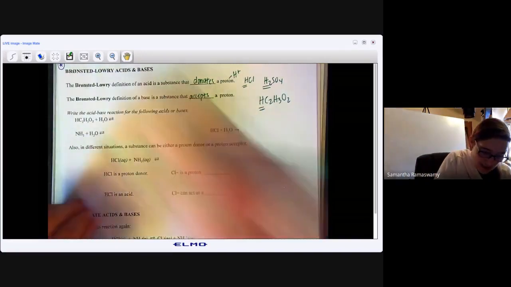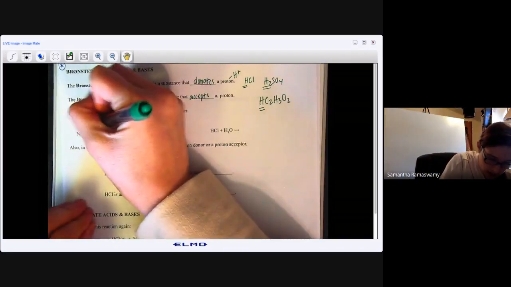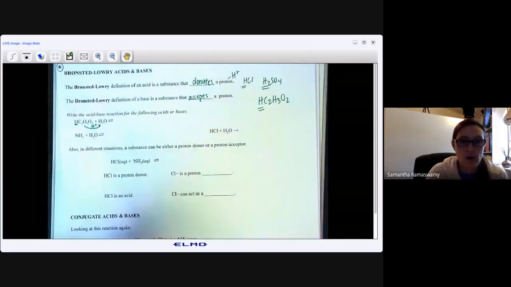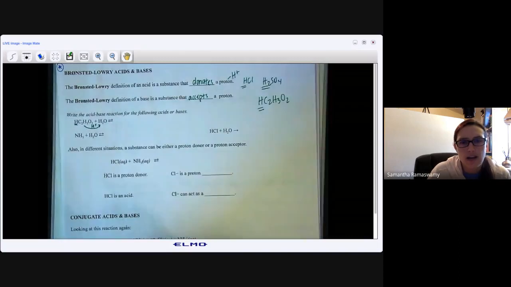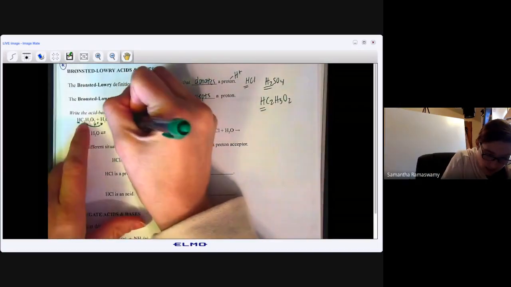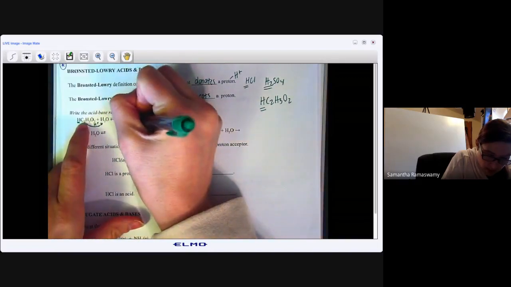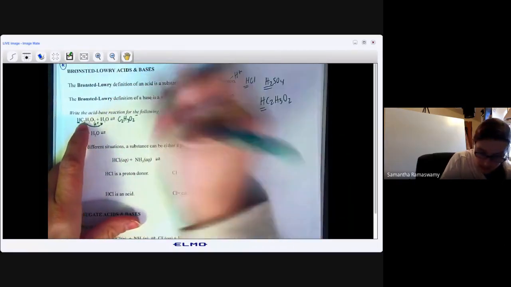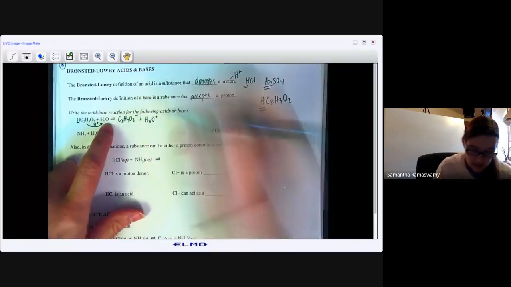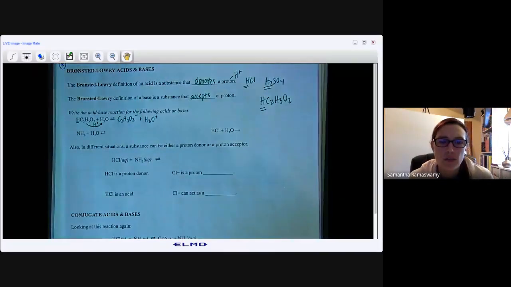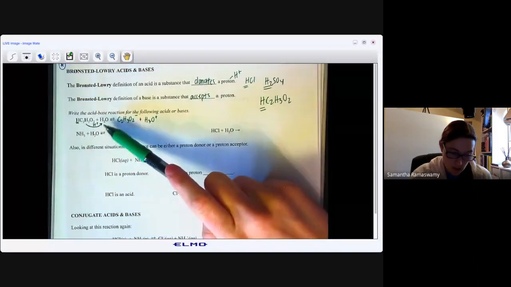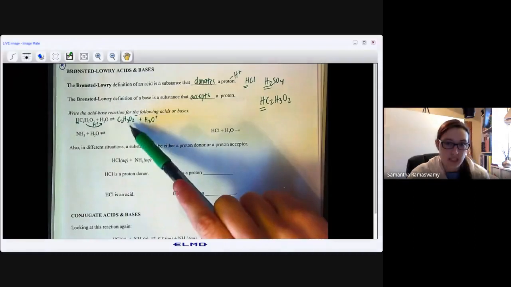So acetic acid will donate its H+ to water. After acetic acid donates its H+, it loses an H+, so it becomes C2H3O2-, and water becomes H3O+. Notice how acetic acid donated its H+ to water, becoming C2H3O2- and H3O+.